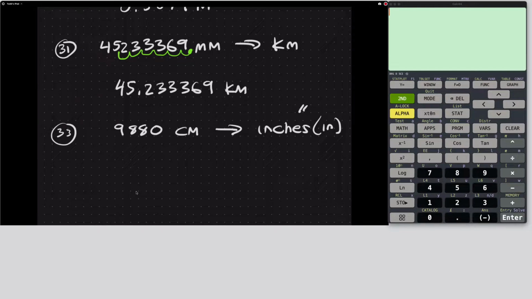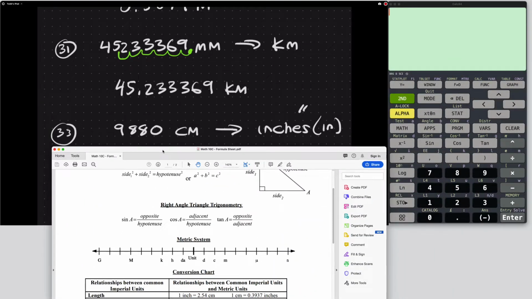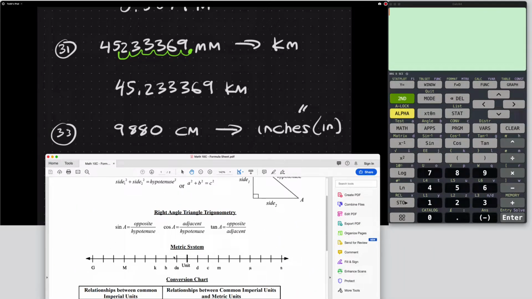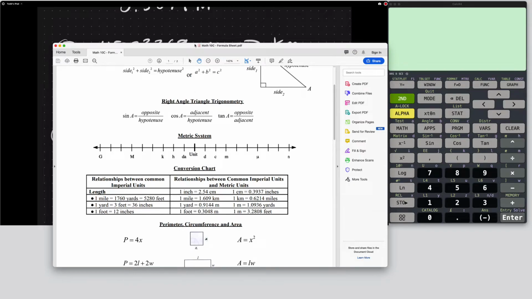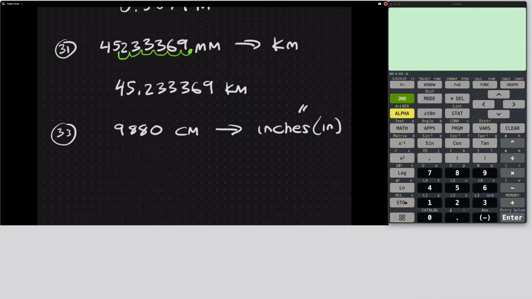Okay, so for going from centimeters to inches, that's metric to imperial, so we can't use this number line right here. But if we look on here, it tells us that 1 inch is equal to 2.54 centimeters.